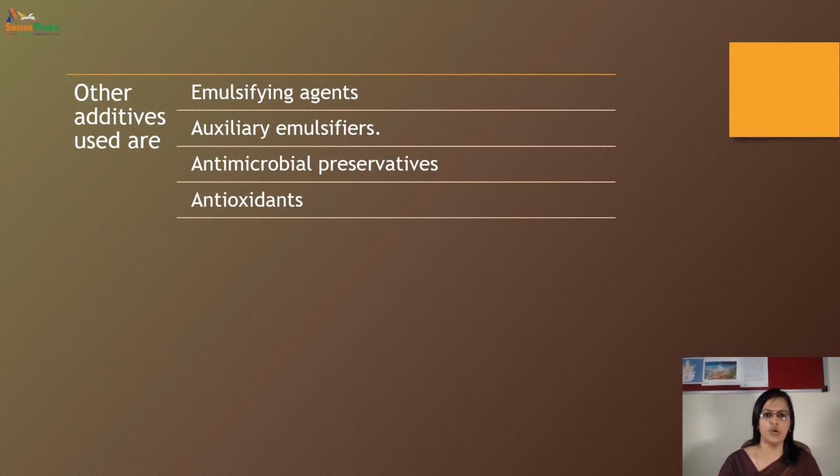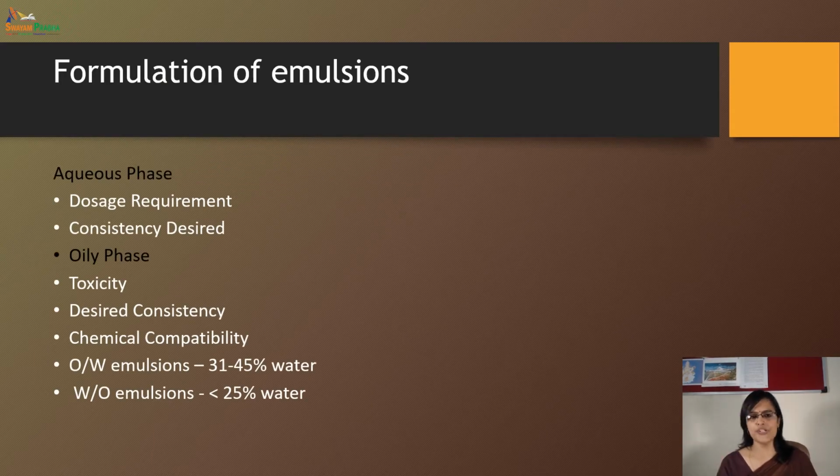Aqueous phase we need, oil phase we need, and associated properties of both are important, keeping in view the API which we are going to use, and other additives: emulsifying agent, auxiliary emulsifier, antimicrobial preservatives and antioxidants. So we will start with the formulation of emulsions.